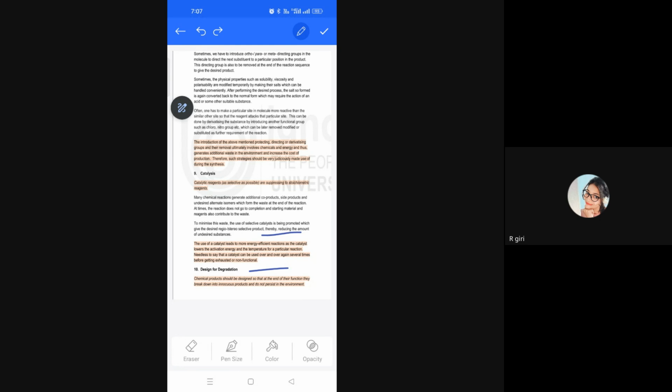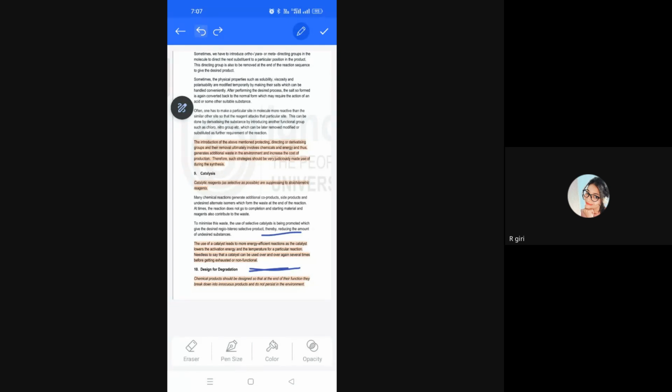Chemical products should be designed so that at the end of their function they break down into innocuous products and do not persist in the environment. That means design for degradation. Whatever plastics are generated nowadays, whenever you expose the plastic outside to sunlight, it will slowly decompose due to photocatalytic reactions.